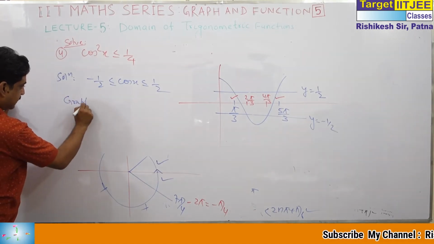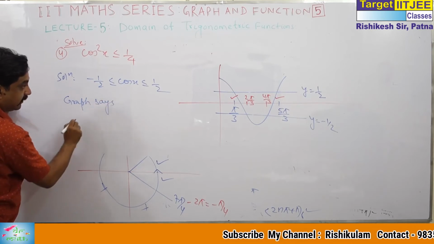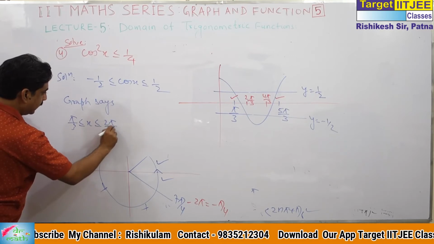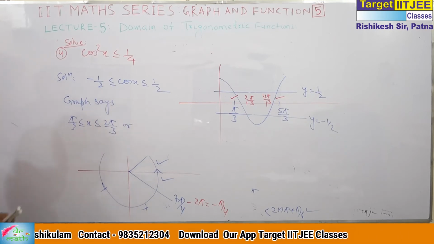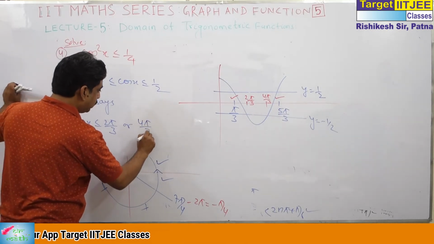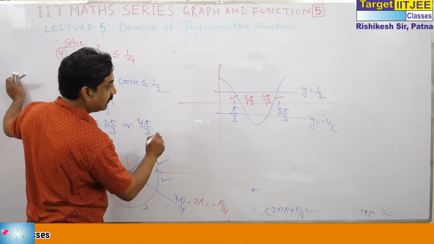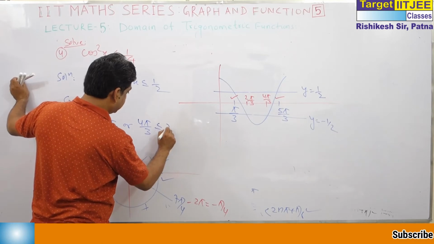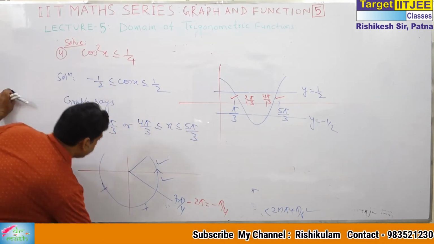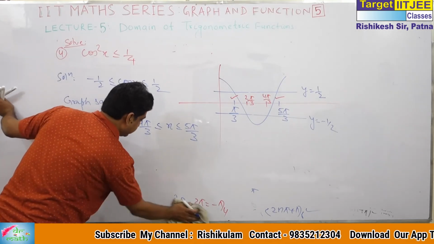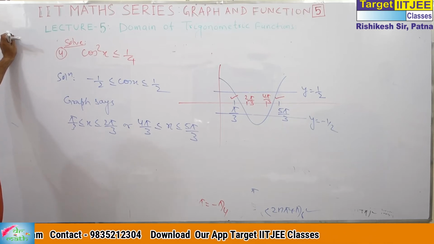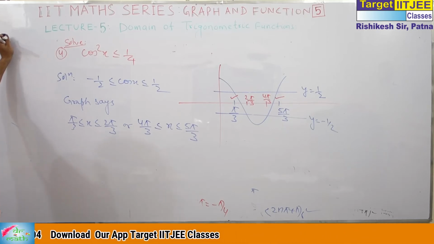Graph says x lies between pi by 3 and 2 pi by 3, or x lies between 4 pi by 3 and 5 pi by 3. And we can add 2n pi to get the solution.